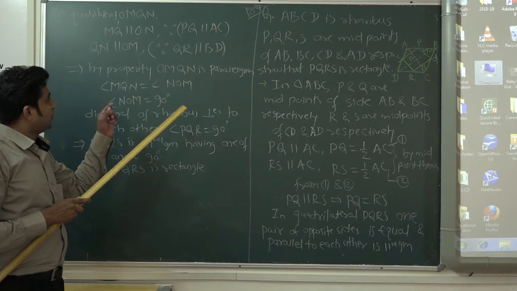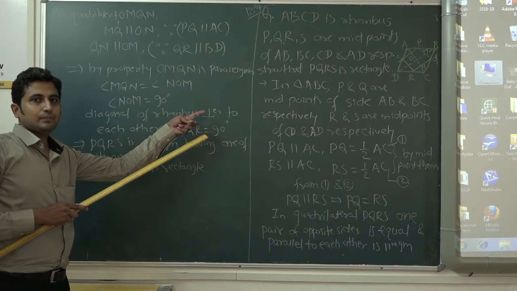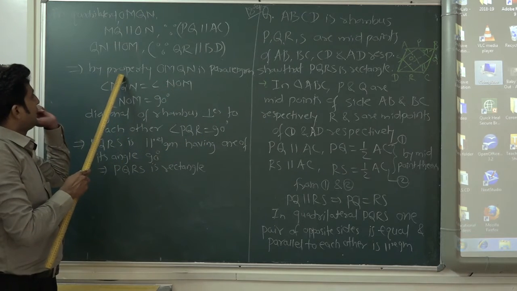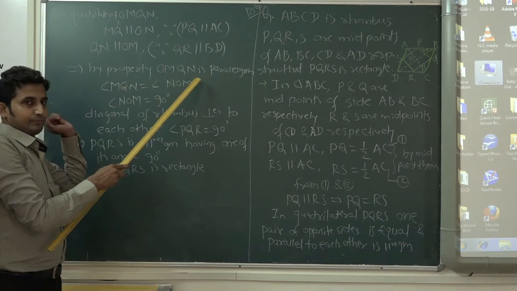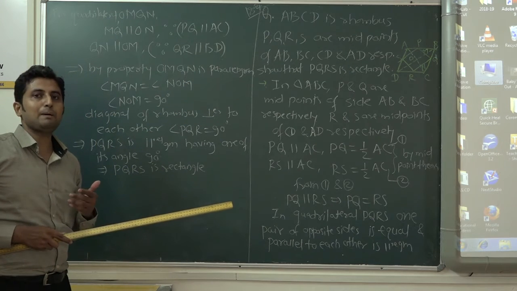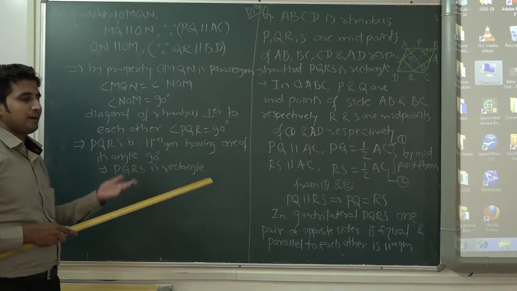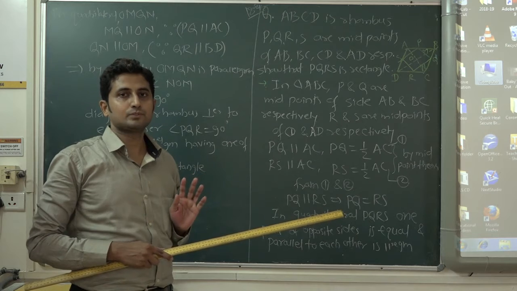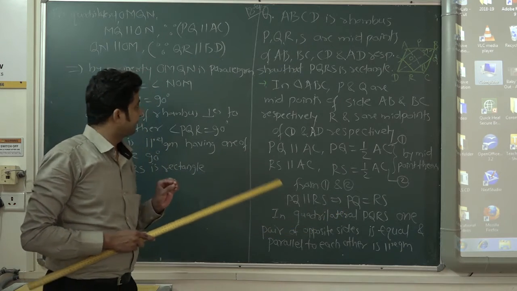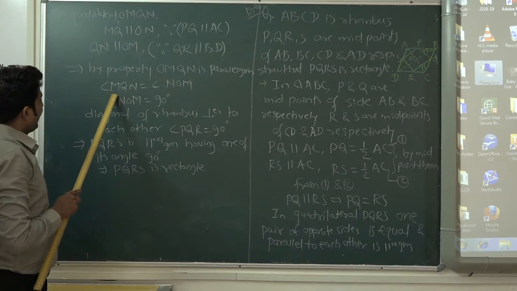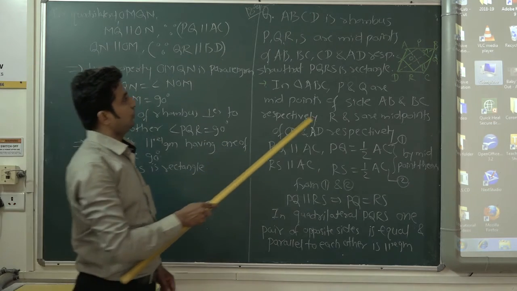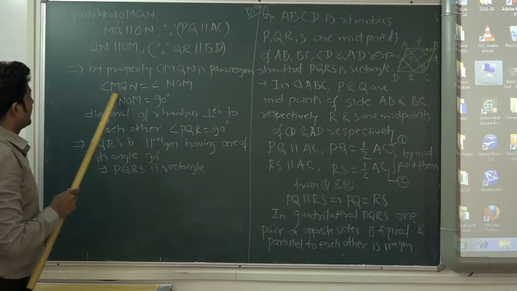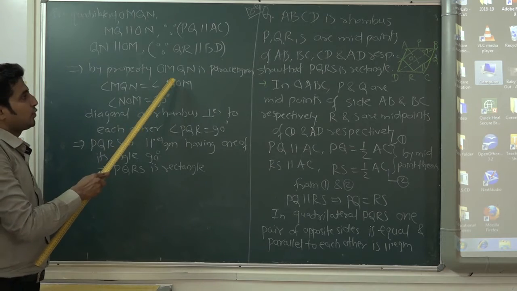Now, to know it is a parallelogram, we must know the property of parallelogram: the opposite sides are equal and they should be parallel to each other. According to that, we have to show it is a parallelogram. So angle MQN is equal to angle NOM.